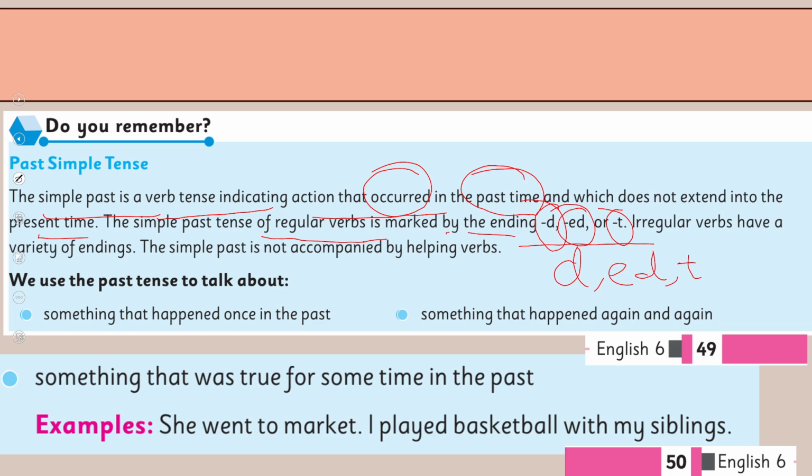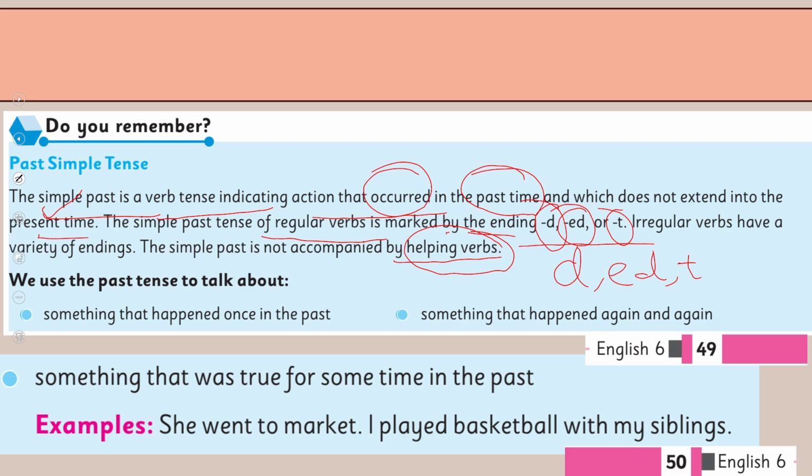The simple past is not accompanied by helping verbs. Now, we are not going to use helping verbs. The past tense we use when something happened, but it is not happening now. It is not happening in the present time.